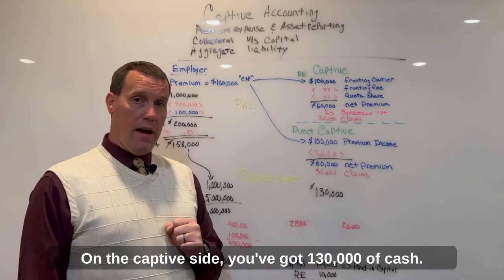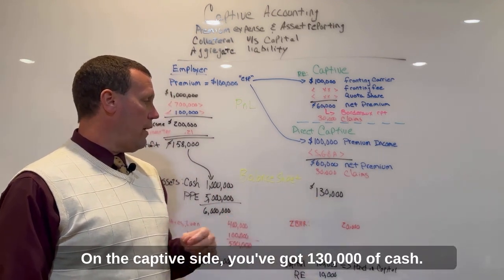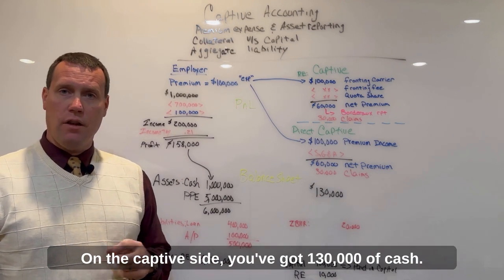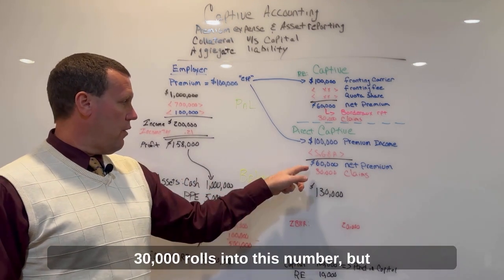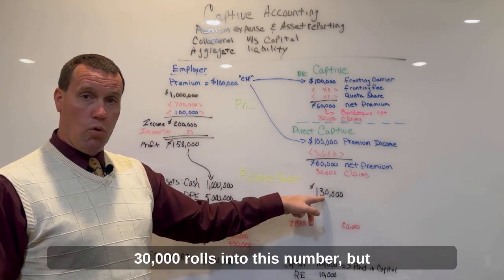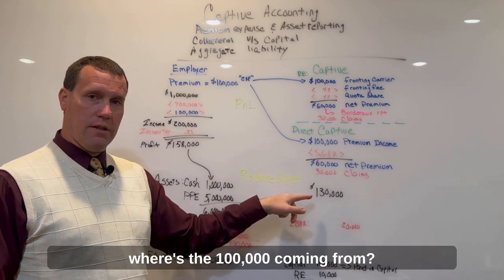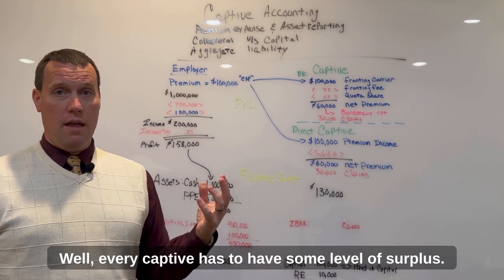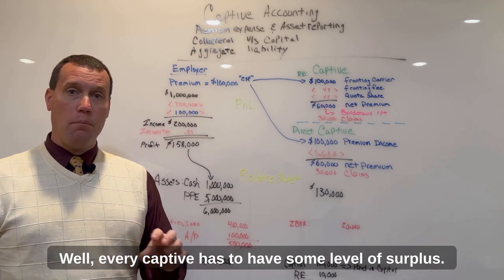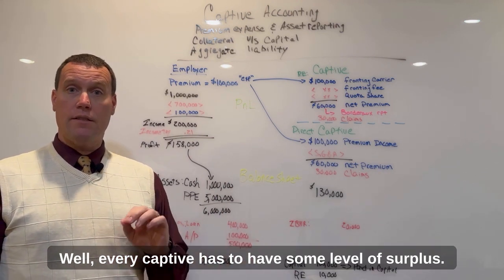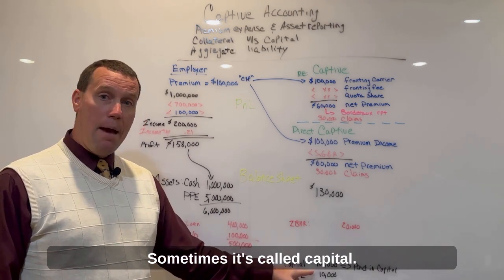On the captive side, you've got $130,000 of cash. Now wait a minute. 30,000 rolls into this number, but where's the 100,000 coming from? Well, every captive has to have some level of surplus. Sometimes it's called capital.